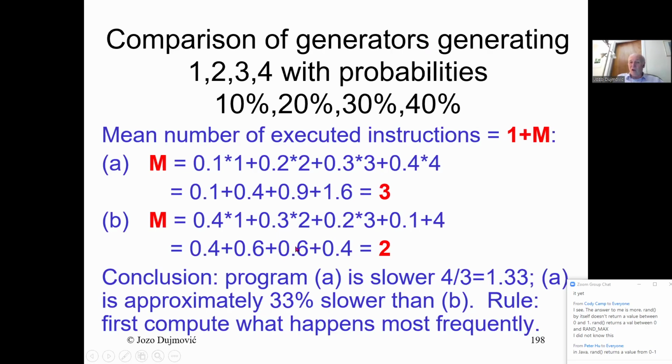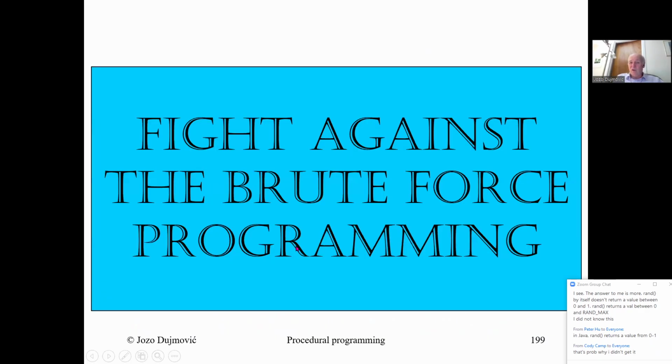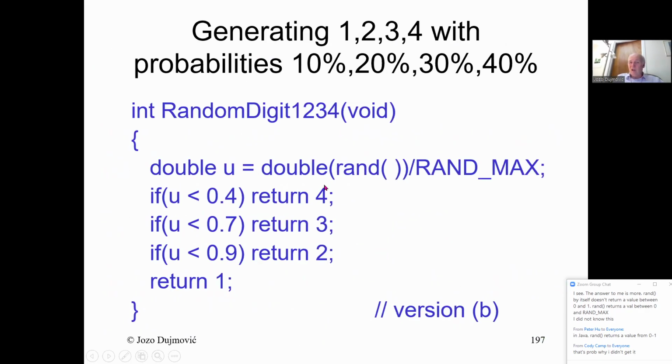In the second one, the average number of statements is 2, because I have the most frequent event first. So in 40% of cases, I'm going to have only one statement, return 4, and I go out. I never go to the others. Then in 30% of cases, I'm going to have 2 statements.